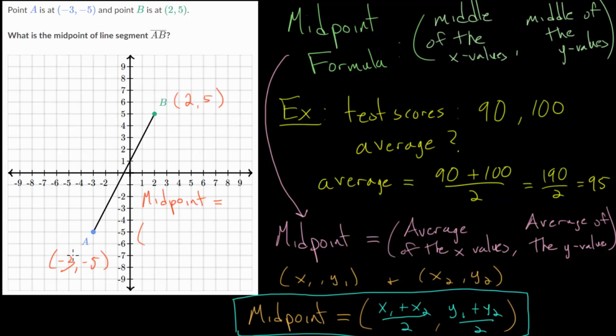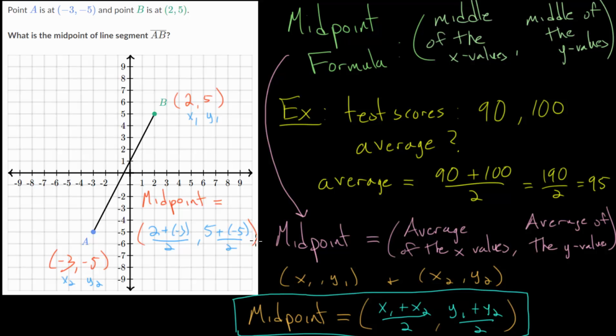So we're going to add this -3 and 2 together, and we could label this if we wanted. It doesn't matter which one we call x1, y1, and which one we call x2, y2. So we're going to add the coordinates together. We do 2 plus -3 for our x values, and we'll cut that in half. And for our y values, we do 5 plus -5, and cut that in half.